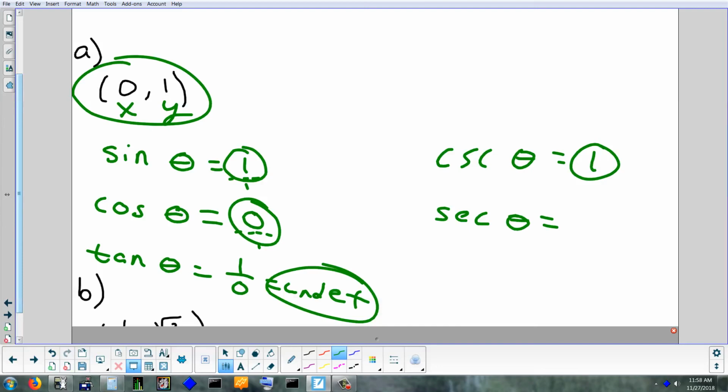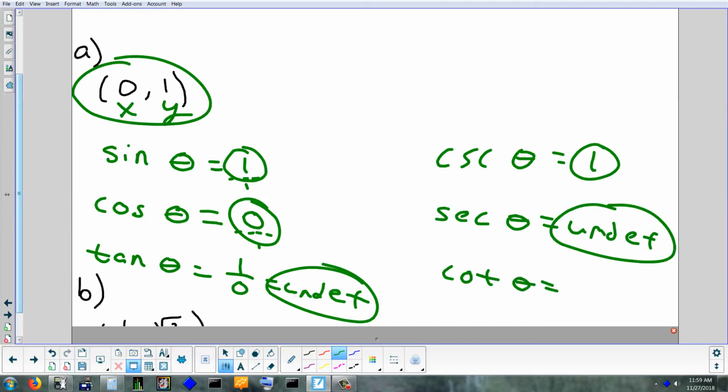Undefined. It's undefined. And the cotangent. Well, we had 1 over 0, flip it. 0 divided by 1. What's 0 divided by 1? 0. 0 divided by 1, that's fine.